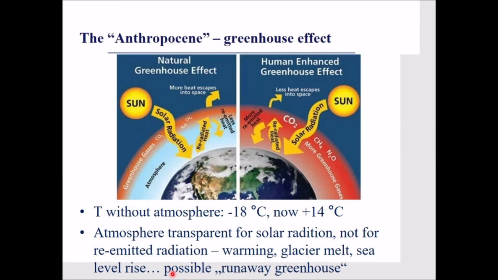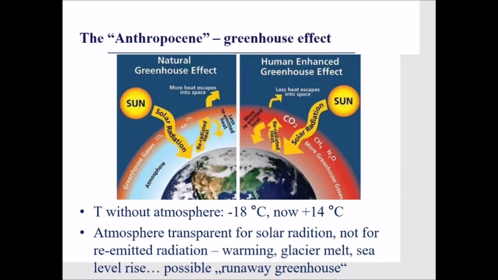and maybe a possible runaway greenhouse if we do have self-strengthening circles, as they are sometimes called. So maybe if the glaciers melt, there will be a decrease in albedo, so the reflectability of the Earth's surface, and this will then lead to increased absorption of heat on the surface, which will in turn accelerate the glacier melting, and so on.